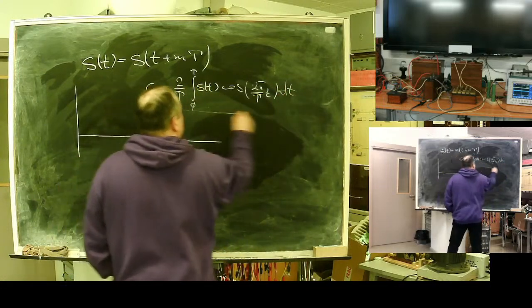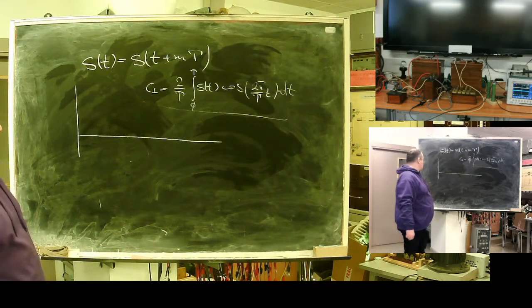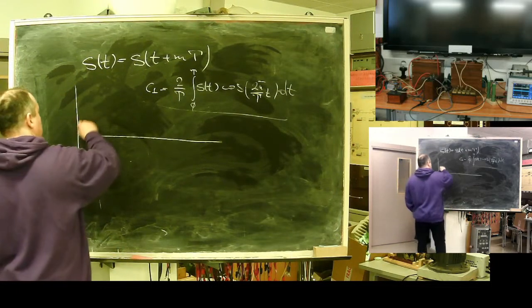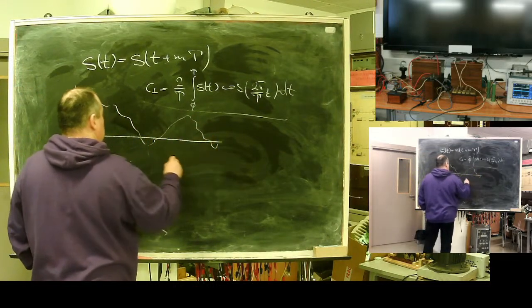To get C1 I need to calculate this. It's the first cosine. Maybe something like this.